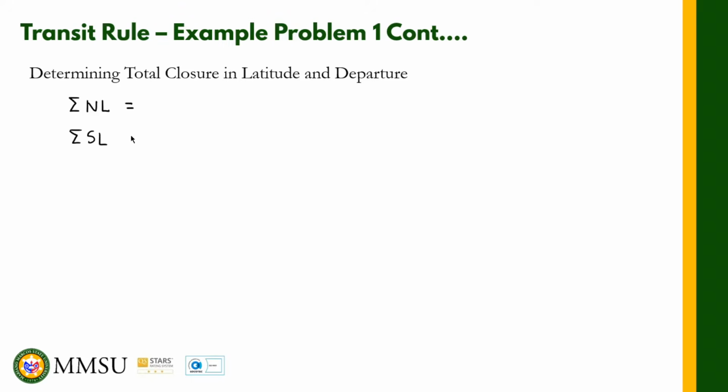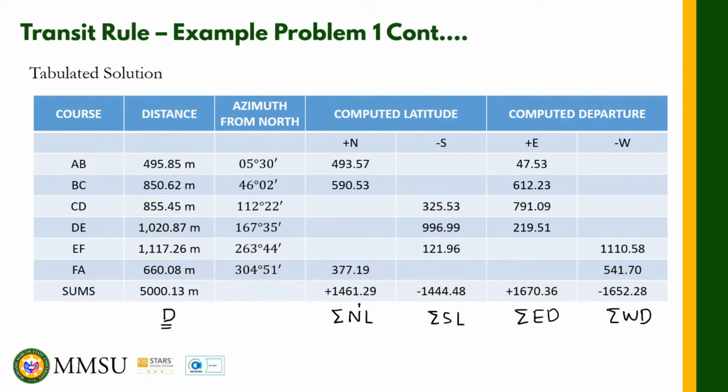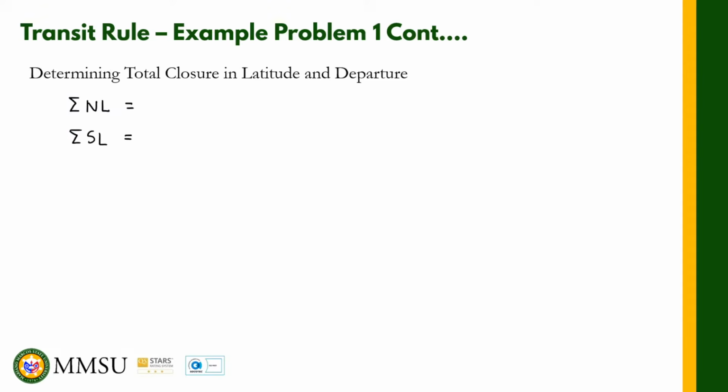This is given in the table already. By summing the north latitude, we get 1461.29, and for the south latitude we have negative 1444.48 meters. Okay, these are our north latitude and south latitude.